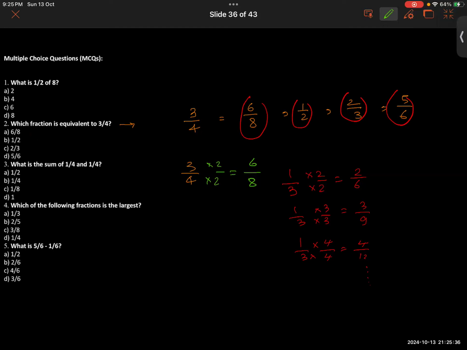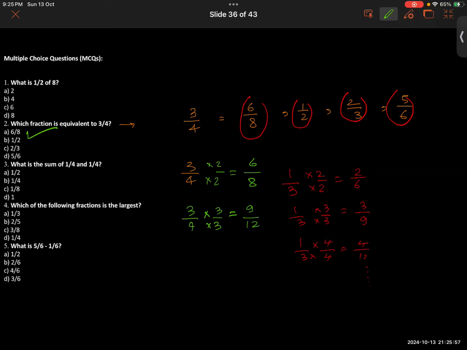Yes. In no way will you be getting 1 upon 2, 2 upon 3, or 5 upon 6. If you were to continue further, you will be multiplying both of them with 3. You will be getting 9 upon 12, but that is not there in the option. The first one is the correct answer, option number A. Do the next one.